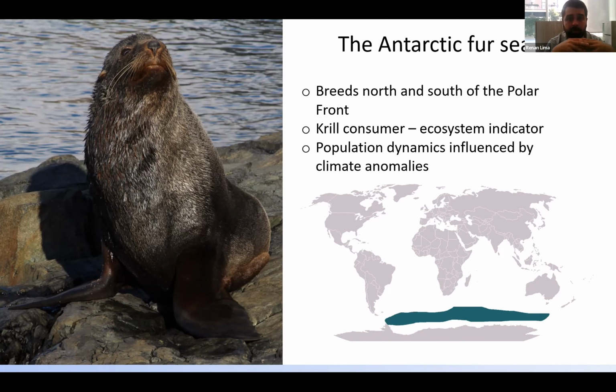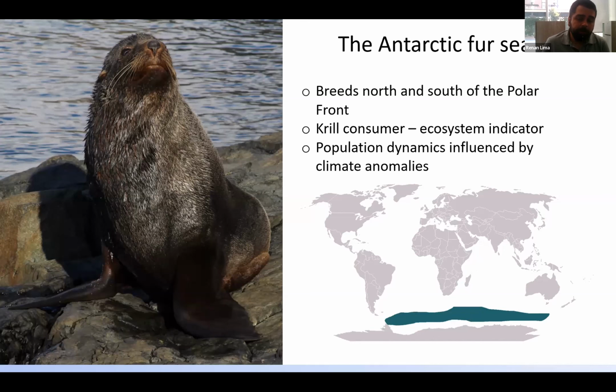So in years of lower krill availability, they compensated by incorporating more fish into their diets. The species may also complement their diets with other food items as well, such as penguins and cephalopods.